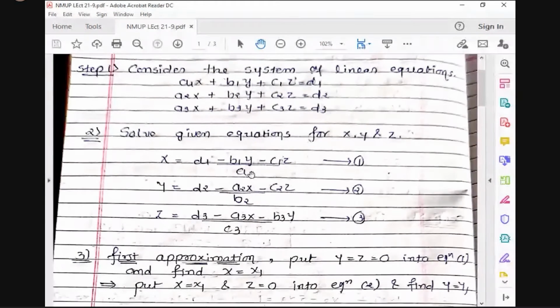In the same way, we find the largest coefficient of y and with the help of that prepare the second equation. Similarly, with the largest coefficient of z, we prepare the third equation. Up to this, are you getting me? Just write down in the chat box yes or no.